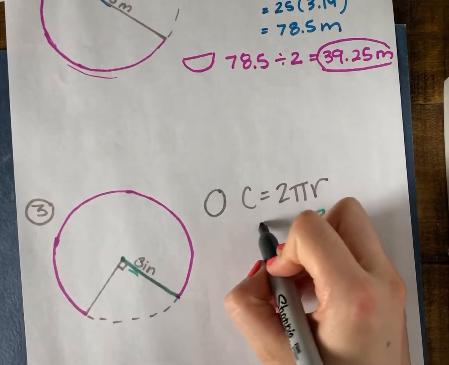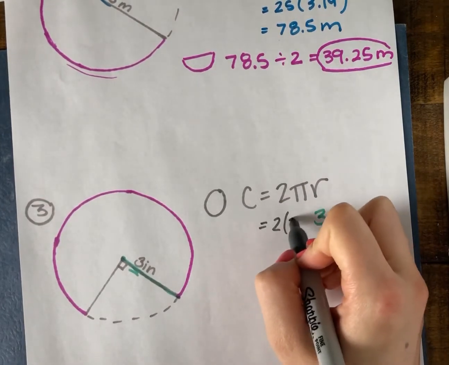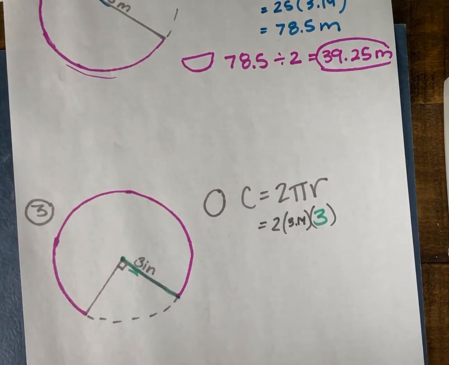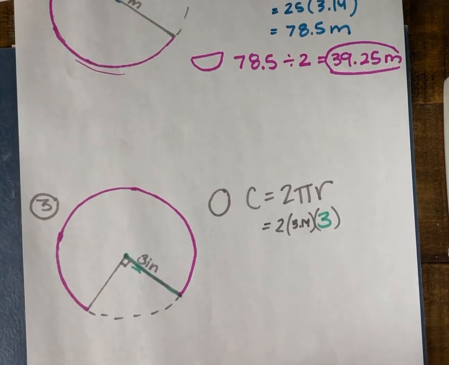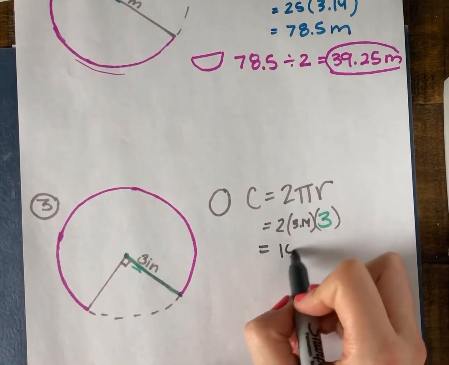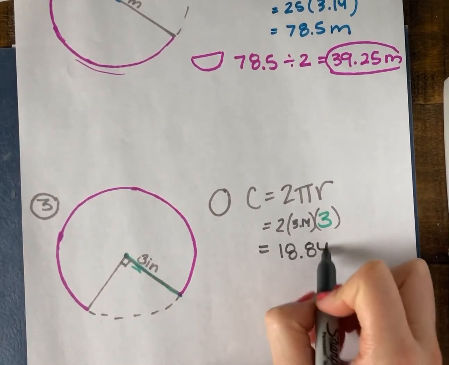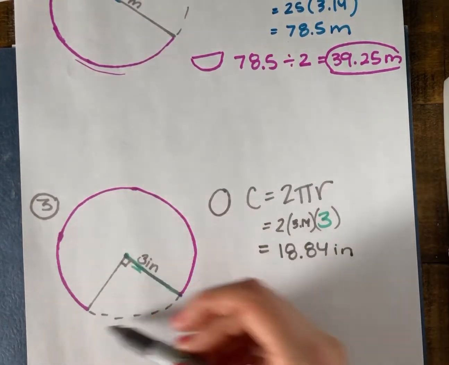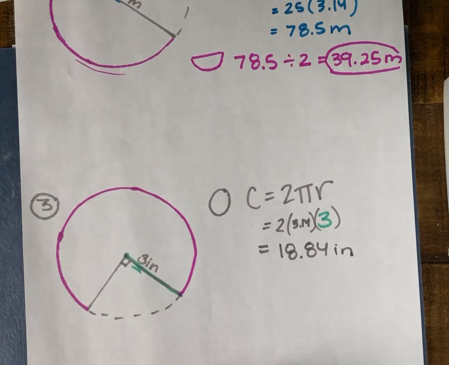And in my calculator, I'll type in 2 times pi, which I'm using 3.14, times 3. And when I do that, the full circle is 18.84 inches all the way around. So a full circle would be 18.84 inches.